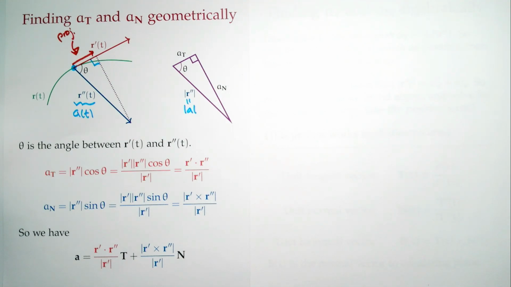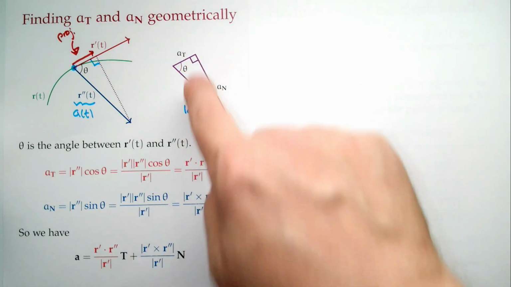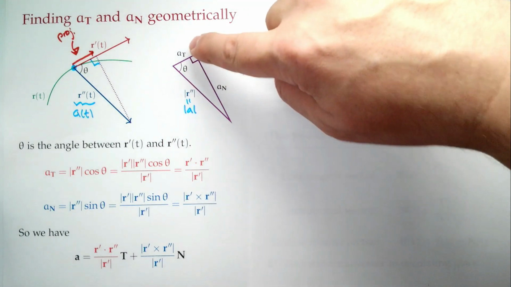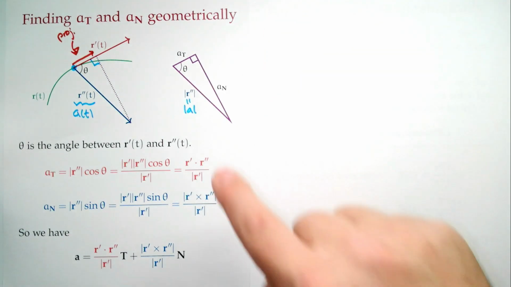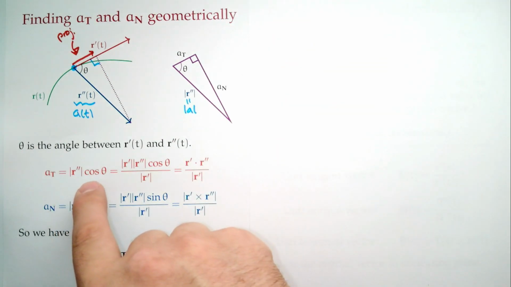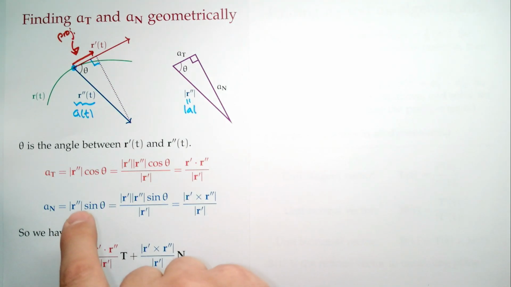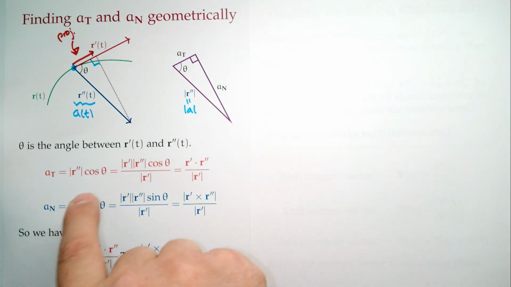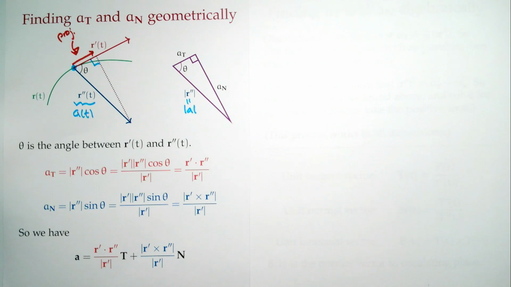Well, to find the tangential part, that's the side which is adjacent to my angle. And I already have the hypotenuse, that's the acceleration. The adjacent and the hypotenuse are related by cosine. So a sub t is the hypotenuse times the cosine. When I see cosine, I think dot product.